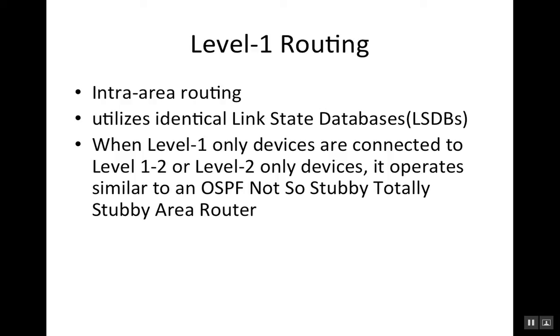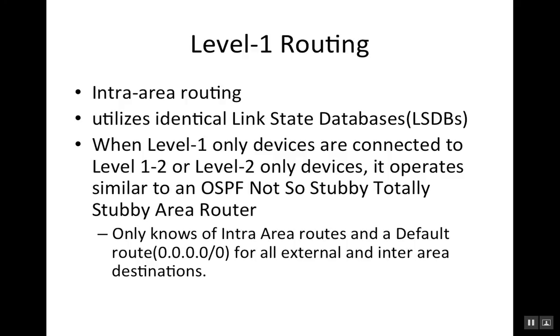It's the same thing that happens with your level 2 devices. They'll generate a default route that gets propagated through the level 1 connections, so that way the level 1 devices have a way to route outside of the domain. And that goes over what I was speaking about on that.